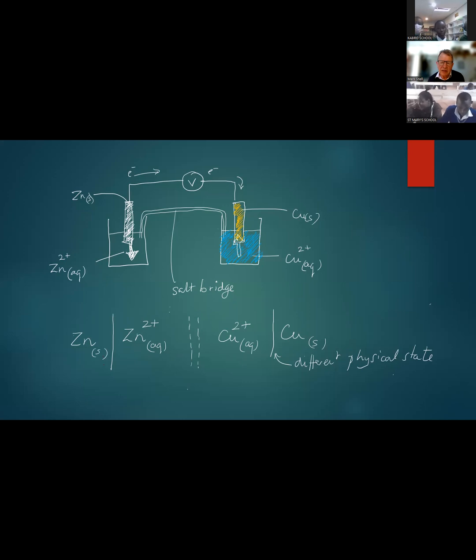In other words, the copper ions turn into copper on the rod. This is what I write here. So the solid line here means it is a different physical state, and the salt bridge is shown by this. Okay, let's see if you can do one.